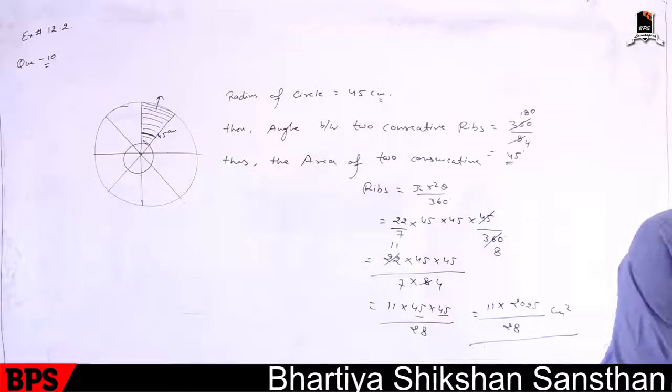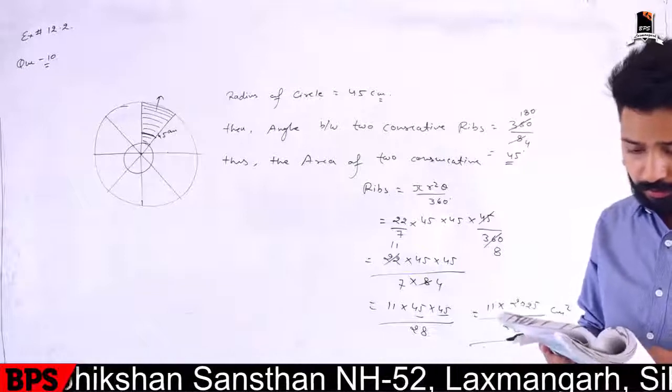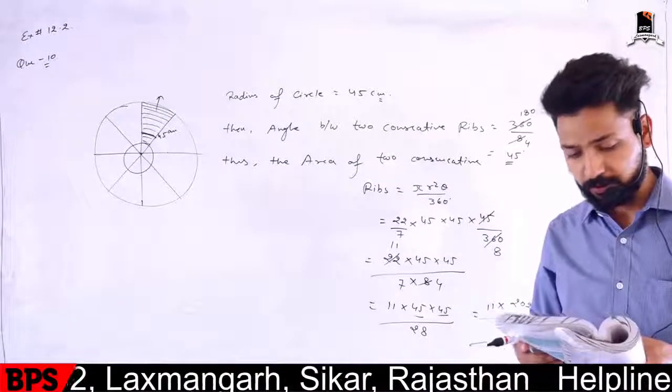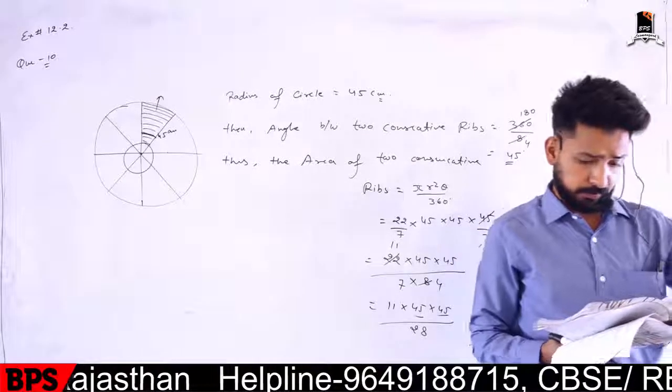Now, question number 11. A car has two wipers which do not overlap. Each wiper has a blade of length 25 centimeter sweeping through an angle of 115 degrees.